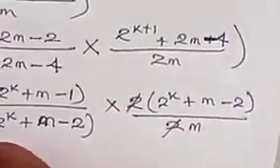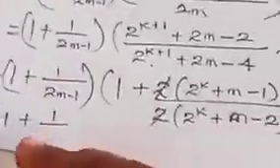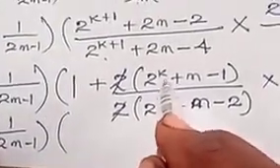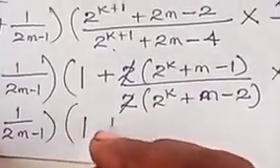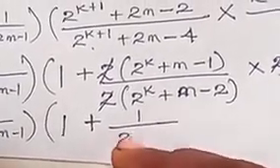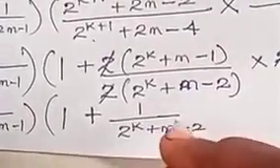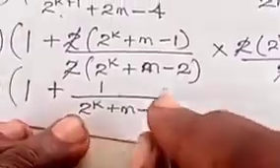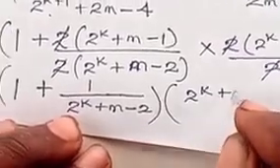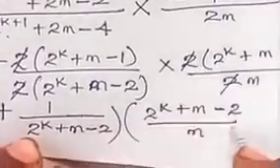We cancel 2 with 2 here. So we have 1 plus 1 all over 2m minus 1 into this one. If you use this one to divide this, you have 1 plus 1 all over 2k plus m minus 2, in brackets, 2k plus m minus 2 all over m.